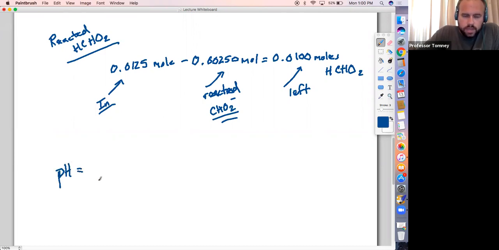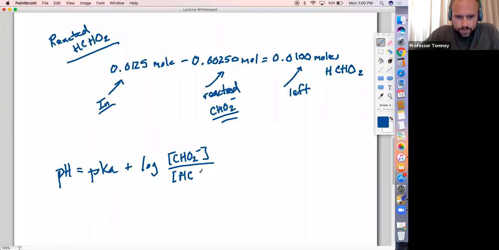So pH is going to be equal to pKa plus the log of the formate ion, because it's product over reactant, right, over the concentration of the formic acid. All right. So we can figure out what the values to plug in here are.